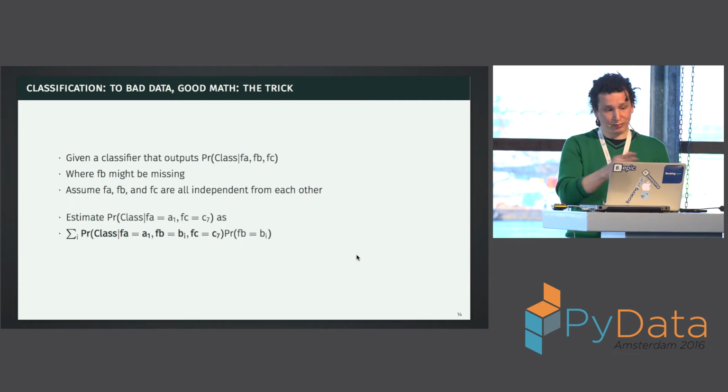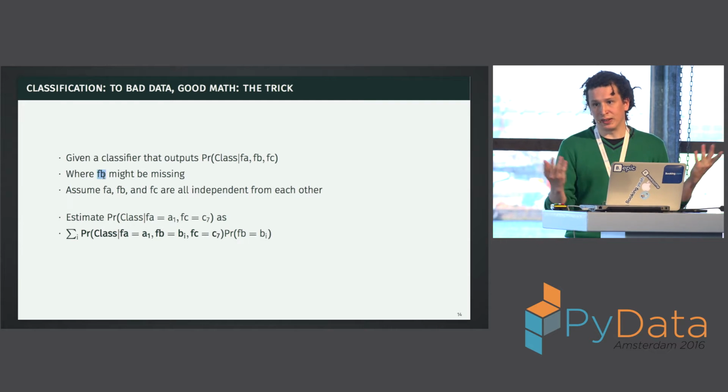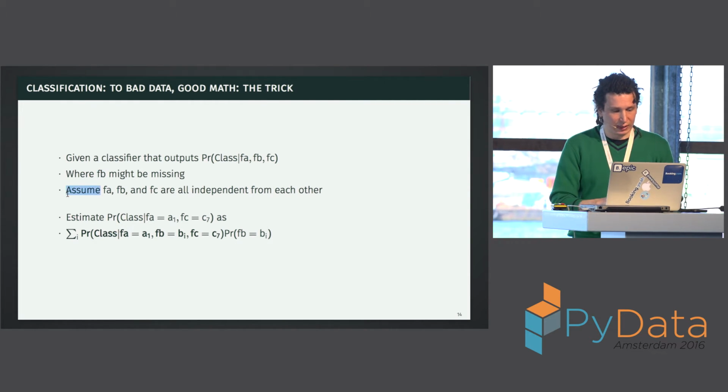So here's the trick. It's very simple. So we have the classifier already that outputs the probability of a class given a feature A, B, and C. There might be some examples where feature B is missing, is not specified. And then in the trick, we assume that feature A, B, and C, they are all independent.